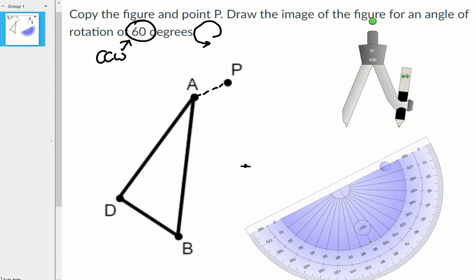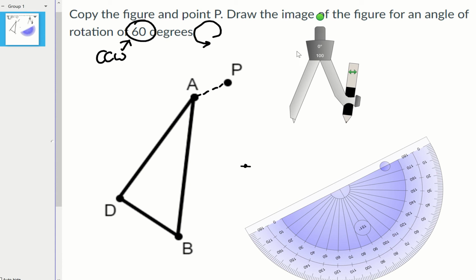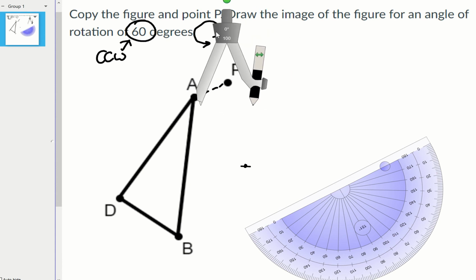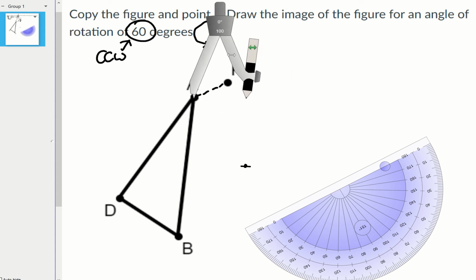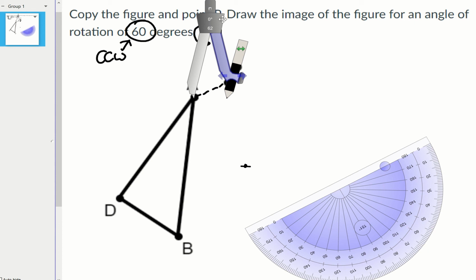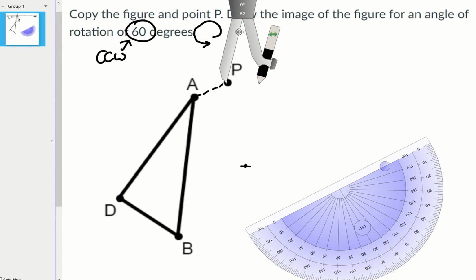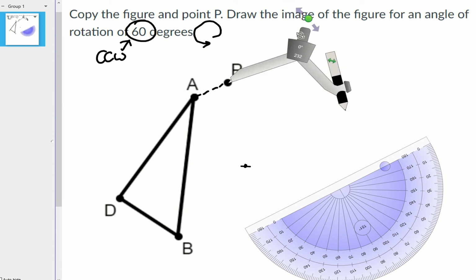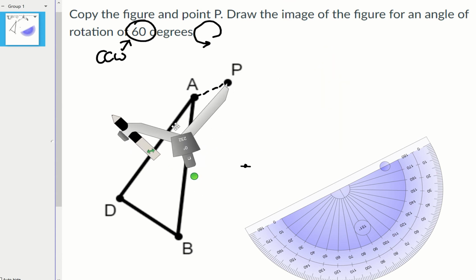Now we're going to use our compass, and essentially we're going to draw an arc. When you draw your arc, your point has to be at the point that you want to rotate, which is P. And then your pencil end goes on the triangle itself, the figure that you want to rotate.